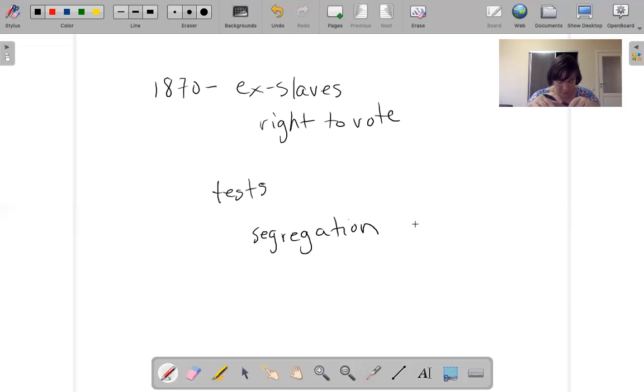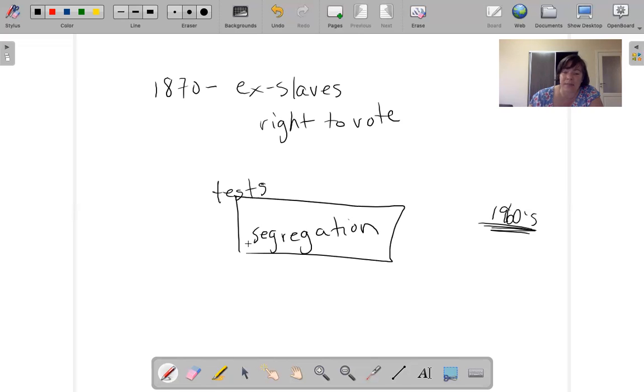So those rules, this is moving forward, but it wasn't really until the 1960s that all that changed. My parents were almost your age when segregation ended.